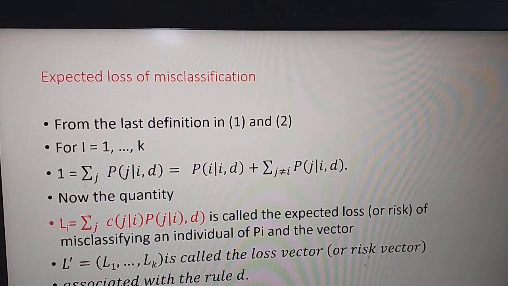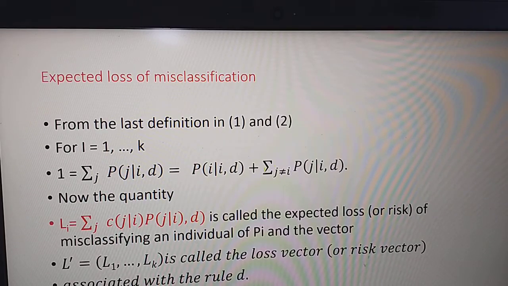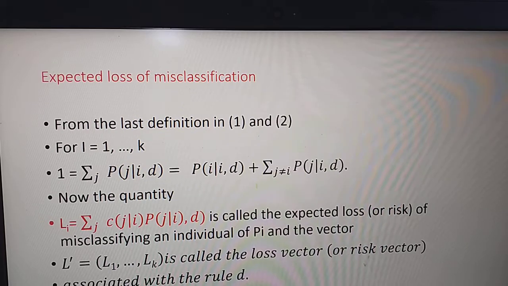So j is from 1 to k. It is very sure that the individual A will be classified to one and only one of the k populations, P1, P2, ..., Pk. So this is simplified as Pii, plus the sum over those j not equal to i, the k minus 1 remaining populations.